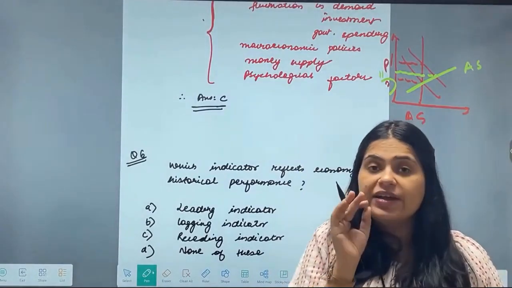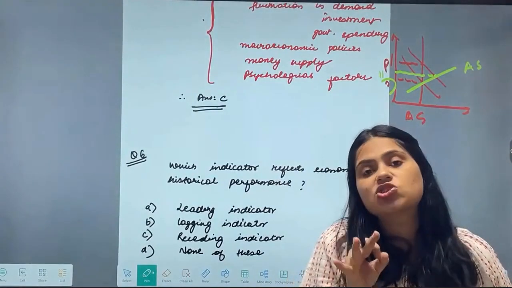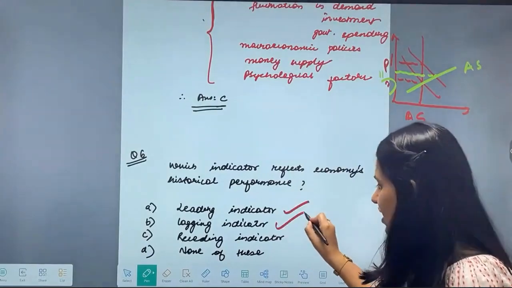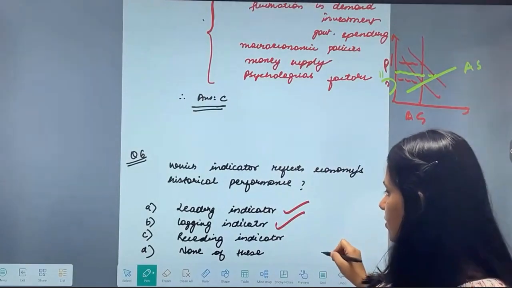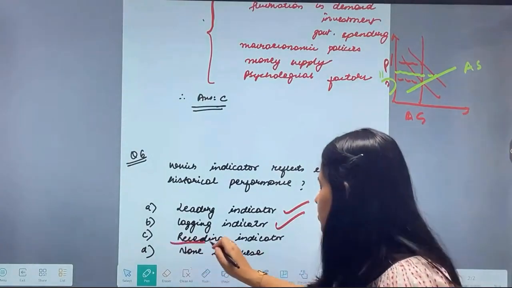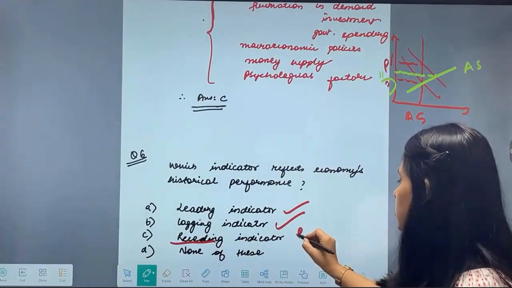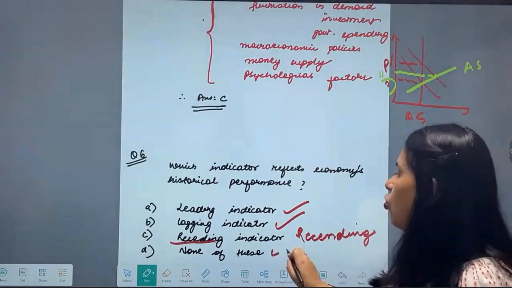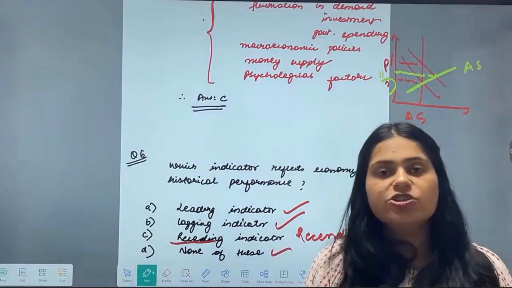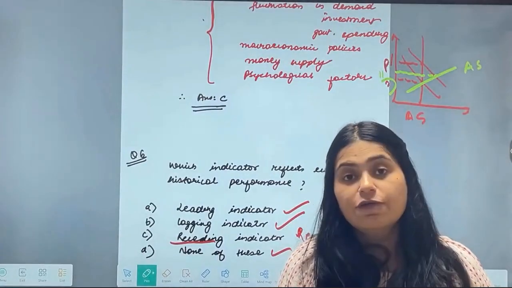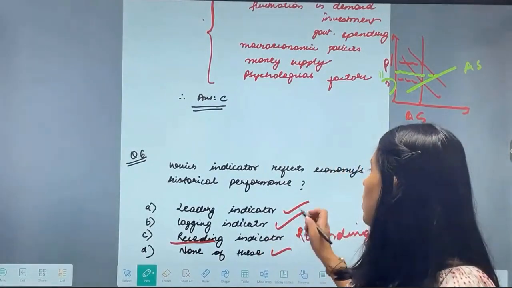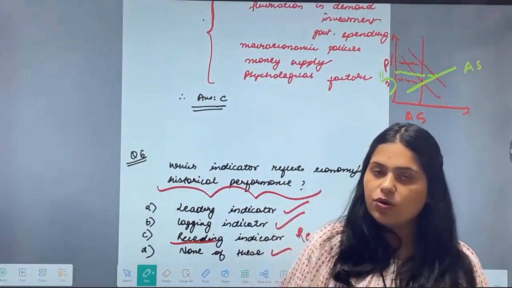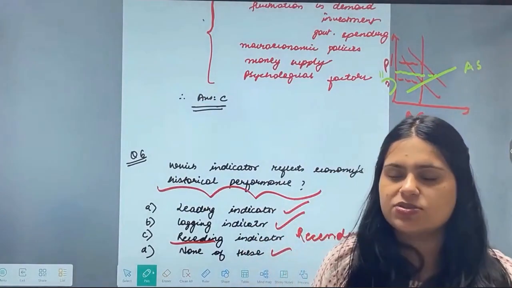Which of these is the indicator that tells about the historical performance of the economy? Leading indicator, lagging indicator, let me just write this again, this is receding indicator, or none of the above. So which is the indicator which tells me about the historical performance of my economy? Go ahead, try to answer this question, then I will answer it for you.